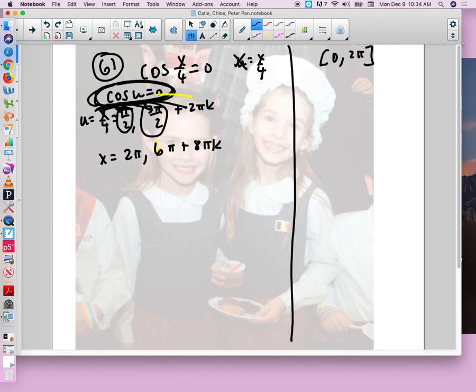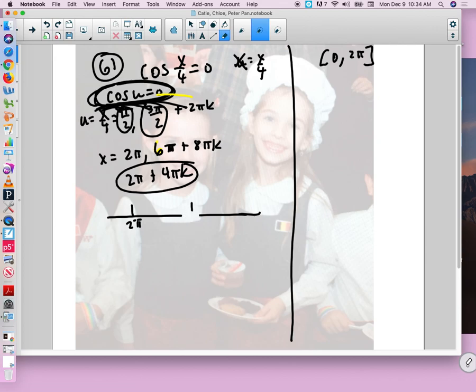Can you just take away the 2 pi's and add 4 pi k? You could, if you notice this, you could just do it this way: 2 pi plus 4 pi k. And was that your voice, Rebecca? Yeah. Okay. So you have 2 pi, 6 pi, and every 8 pi k.